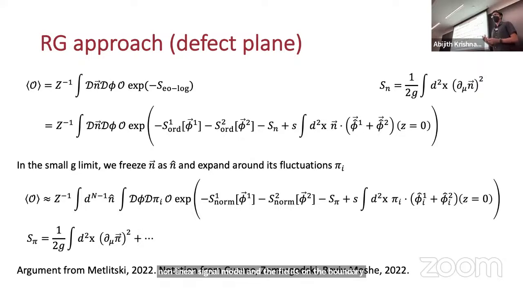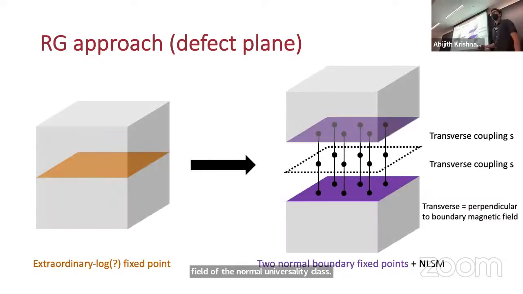And the reason I say transverse is just because it's pointing orthogonal to the direction of the magnetic field of the normal universality class. And this is what it looks like as a picture. So we start with what we think is the extraordinary log fixed point, and we write it as two normal boundary fixed points plus a nonlinear sigma model, where now instead of coupling in all the n directions, we have a transverse coupling perpendicular to the boundary magnetic field.